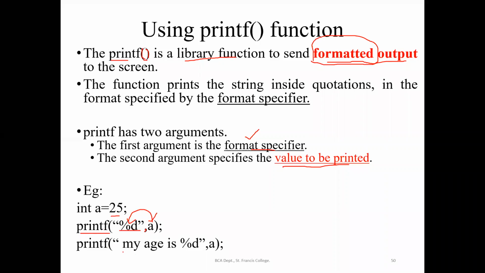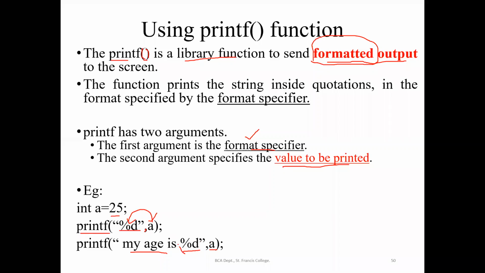Now, if I want some sentence also to be printed, we can give it within the printf: my age is. All should listen and write down the notes also. When I'm asking you to write the program, I'll be typing and you should be telling me what should be given. So within double quotes, I'll give the sentence, my age is, and then %d, and then the next argument A. So what will happen now?